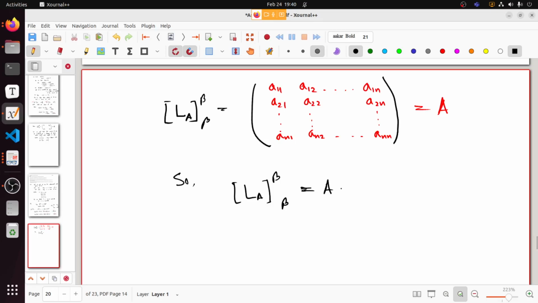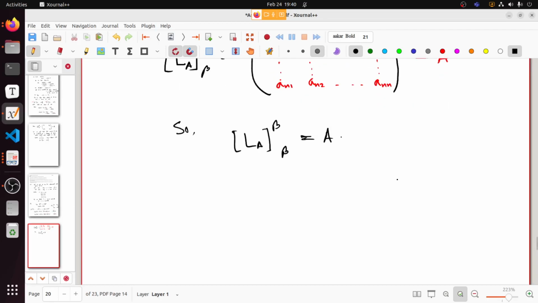So from here we can say, because of the one-to-one correspondence between the linear transformation and the matrix, that L_A is invertible if and only if A is invertible.